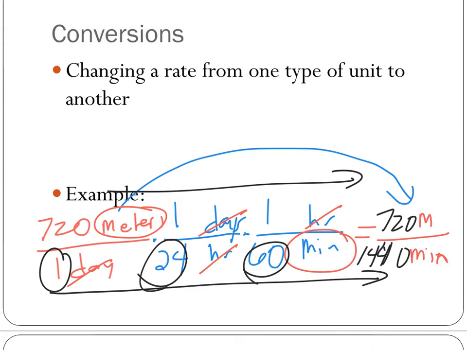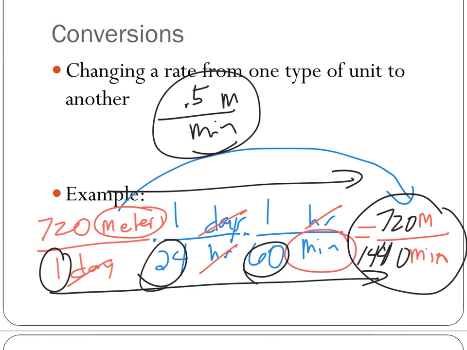Now I'm not done, because I want to express this as a unit rate. That means I take the top and divide it by the bottom, just like any old fraction, and that gives me 0.5 meters per minute. So in other words, 720 meters per day is really half a meter per minute if you kept it at a constant rate. Okay, so that's your example for conversions. We'll do lots of these, don't worry.